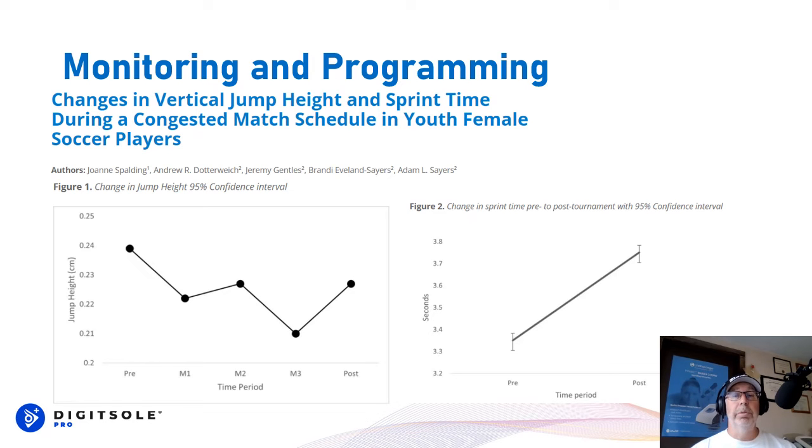So here's an actual example. This was published in Sports Science, and this group from ETSU was using relatively low tech. They were using jump height, sprint time, and RPE, which is a relatively subjective evaluation of someone's perceived exertion.